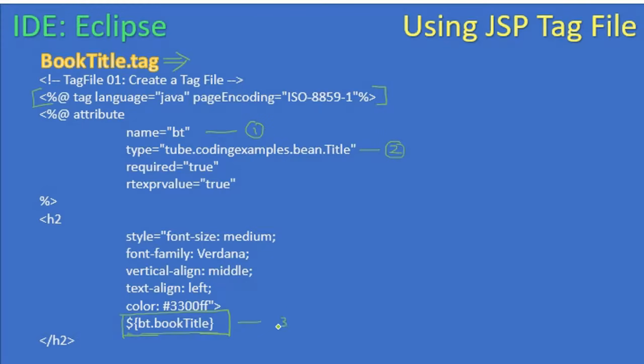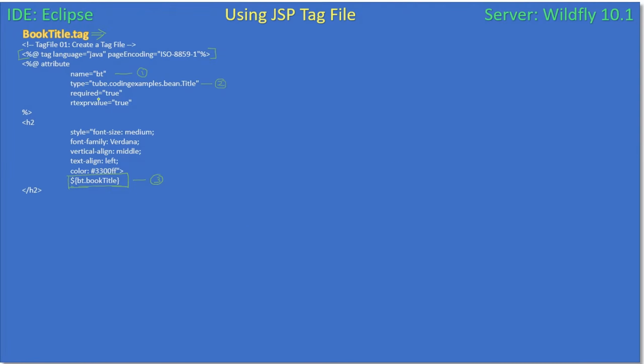All right. So this is one file, booktitle.tag. So now you may get an idea of what's the use of a tag file. In a tag file, the JSP coder can define styles for different attributes.